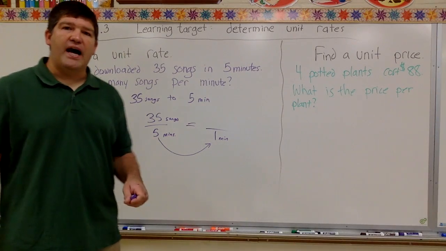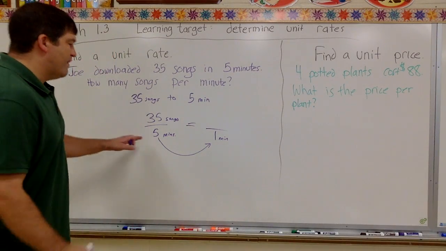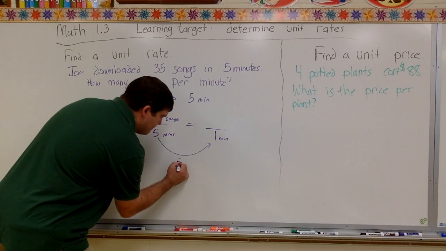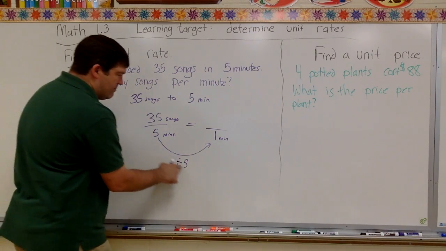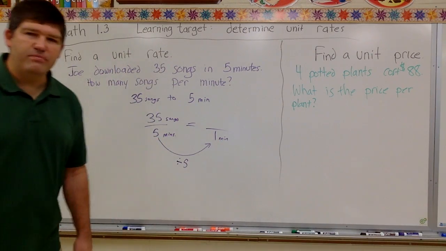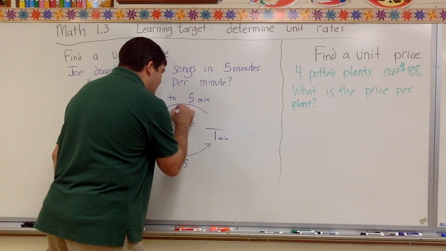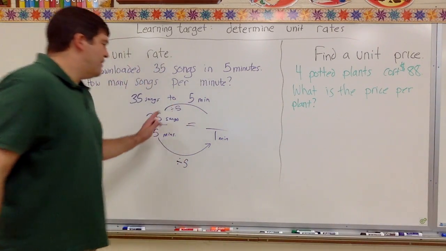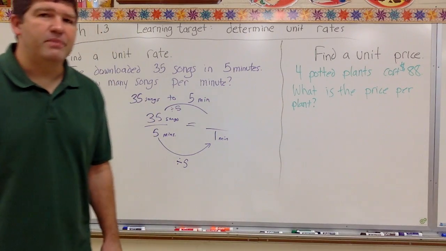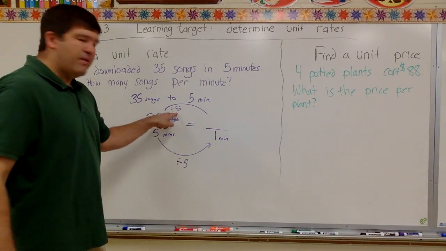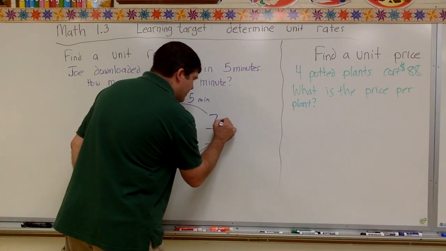I have to take this 5 and divide it by 5. 5 divided by 5 gets me 1, so 1 minute. If I do it to the bottom, I've got to do it to the top. Divided by 5. And if this works out evenly, it'll be sweet. 35 divided by 5 is 7.